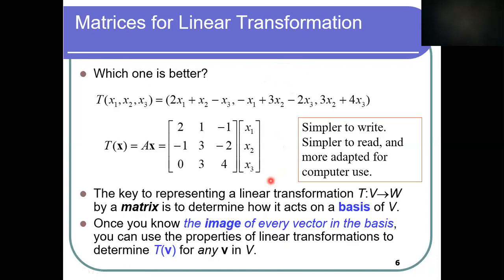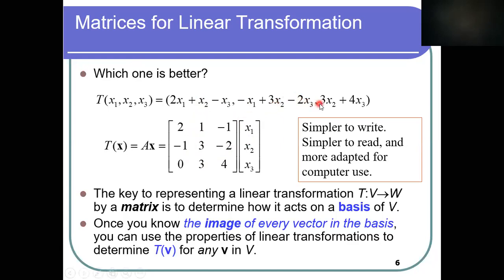So, dear students, this is one of the matrix linear transformations. You take the coefficients of this transformation and place them in the form of a matrix. If you look over here, this is the matrix of the transformation. This is 2, this is minus 1, and this is minus 1, then 3, and then minus 2.